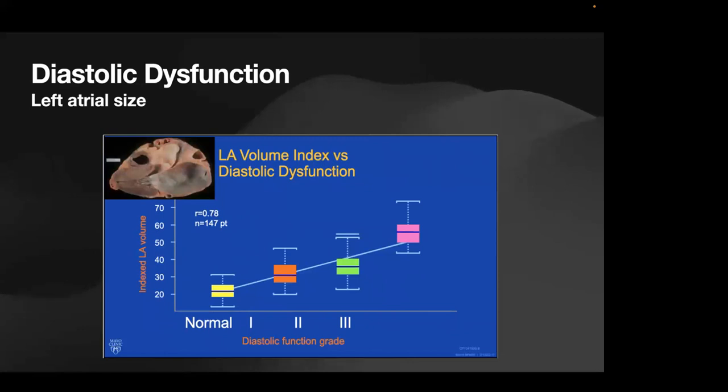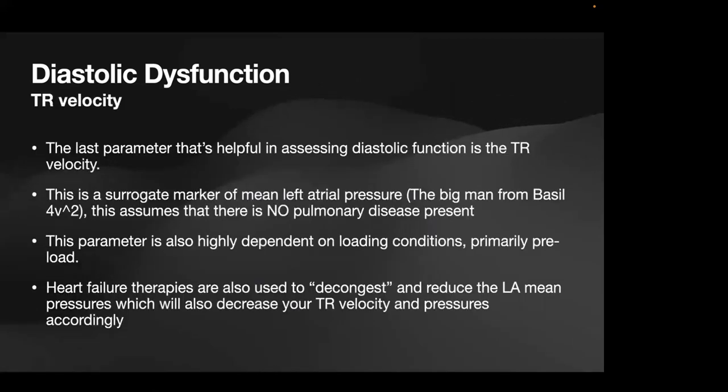Now, in this particular instance, on this slide from JO from the Mayo Clinic, you'll see that they only had 147 patients, but there was a good correlation. The R value is 0.78, and in fact, the higher the grade, the higher the left atrial volume index. And that's another important surrogate marker to talk about filling pressures, or left ventricular end diastolic pressure.